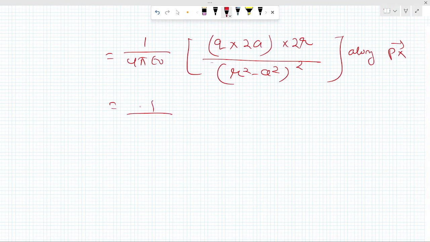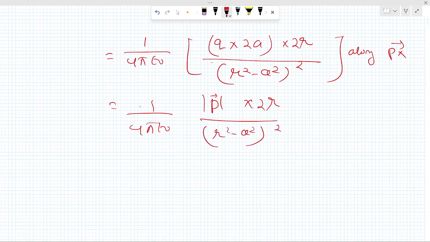and 1 by 4 pi epsilon naught, we know q into 2a is what? P, that is your dipole moment, into 2r divided by r square minus a square whole square along PX.